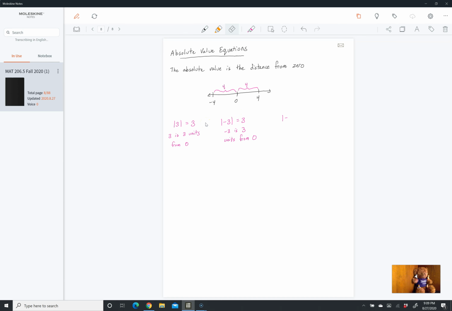The absolute value of negative 11 is 11, because negative 11 is 11 units from 0. The absolute value of 1002 is 1002. 1002 is 1002 units from 0.